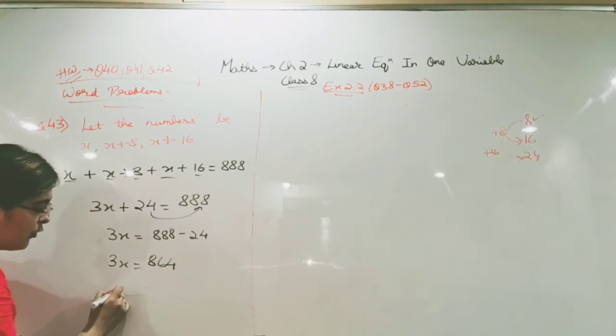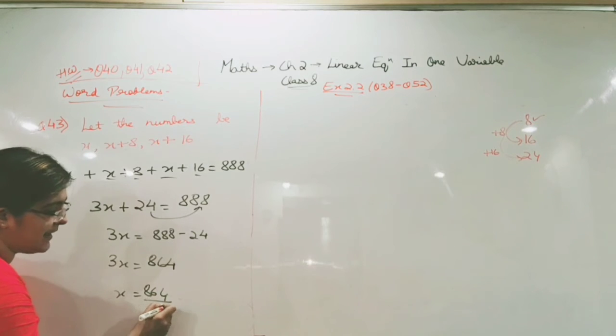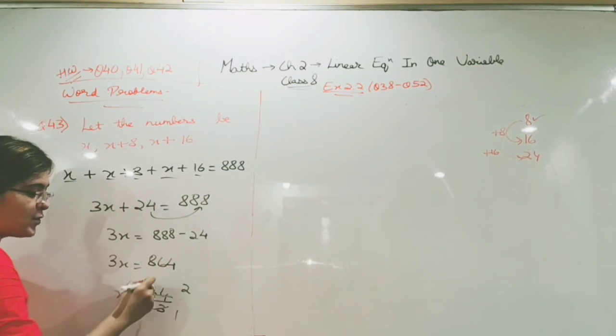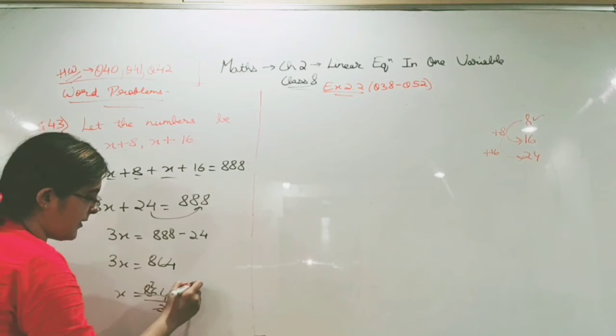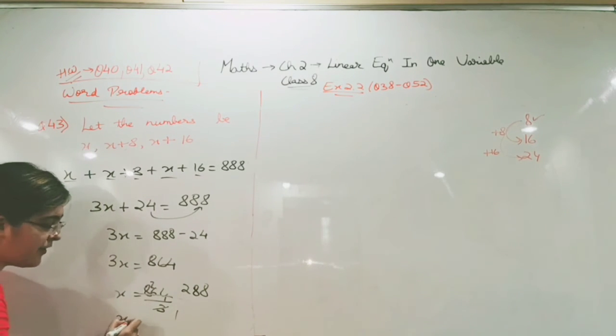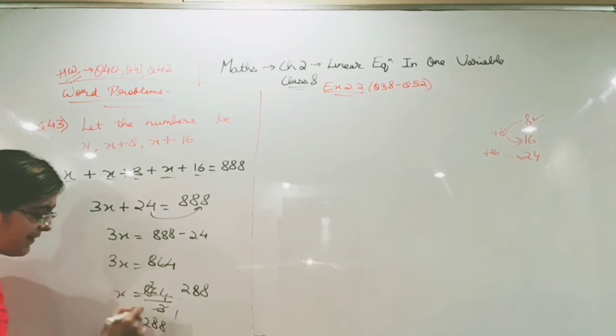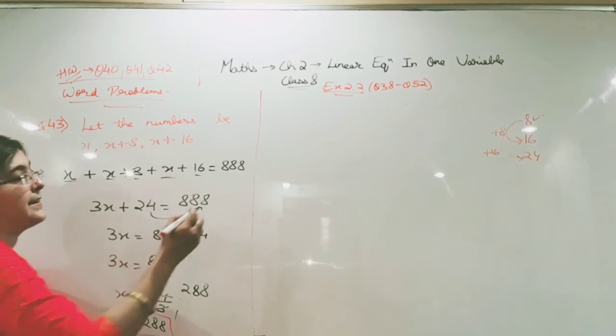Okay, 864. So your x will be 864 divided by 3. 3 twos are 6, 3 eights are 24. That means your first number is 288. Okay students, your first number is 288.